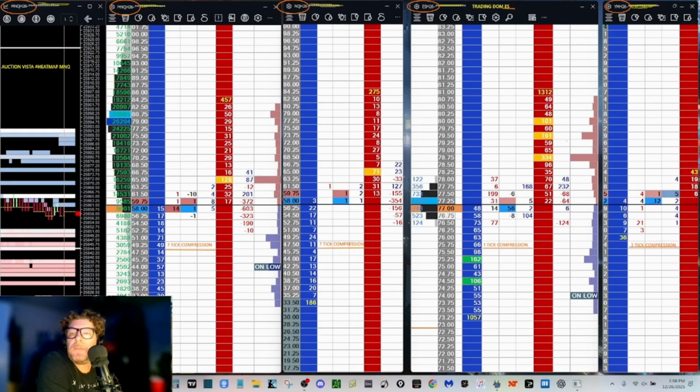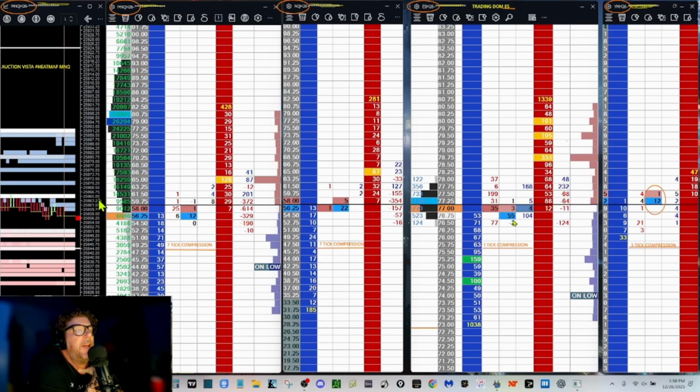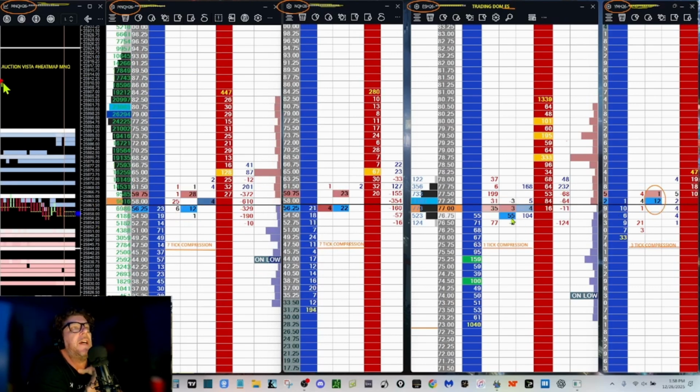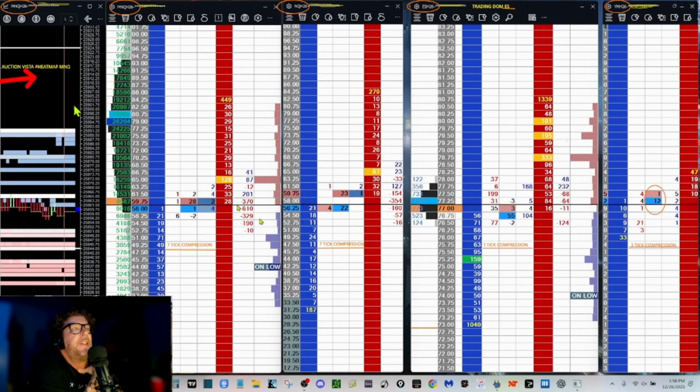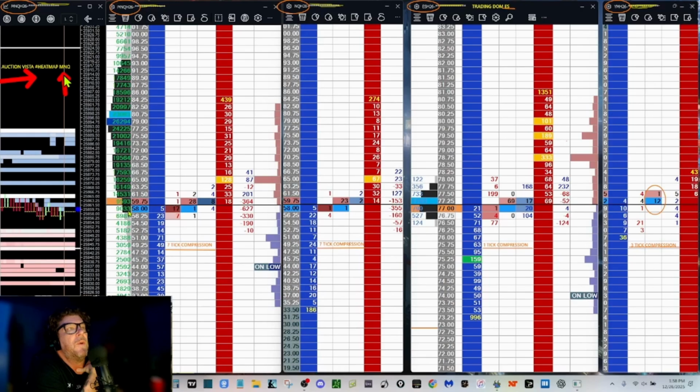So just to jump in here, on the upper left of the screen, we have the Auction Vista heat map showing the information for the micros.